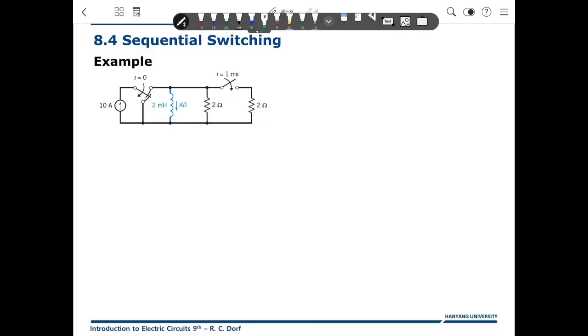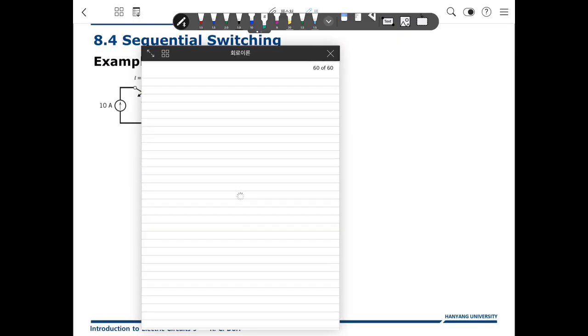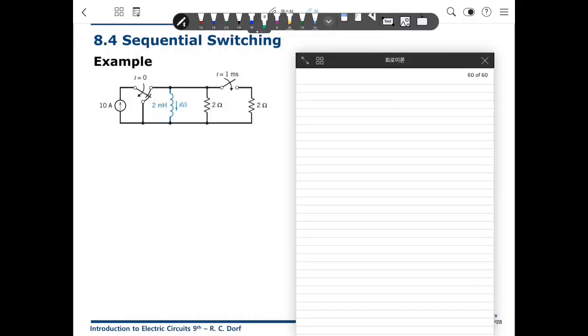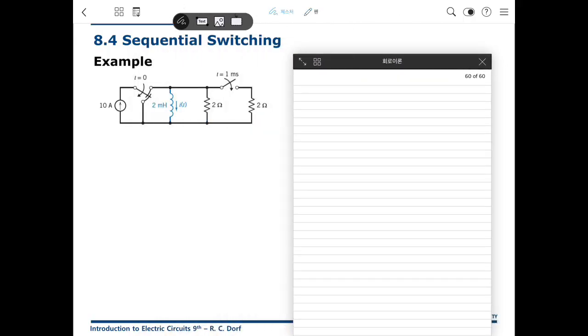This is the example we have to solve. It's quite complicated. We will do this step by step. We'll use this again.